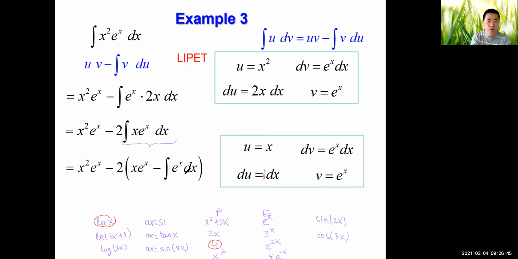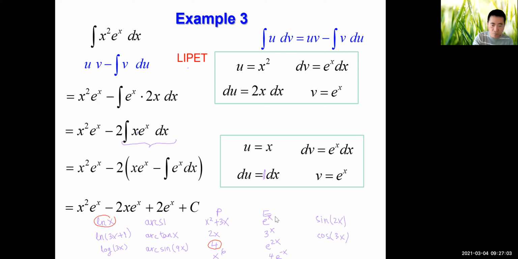Now that one's much better because you only have the e to the x left, which I can integrate. The integral of e to the x is e to the x. At the same time, you can multiply and distribute. I think we got the answer immediately.